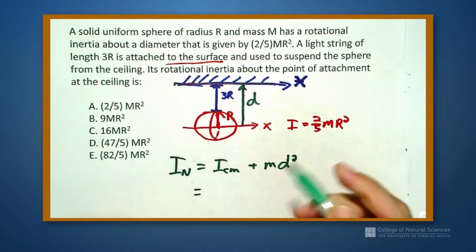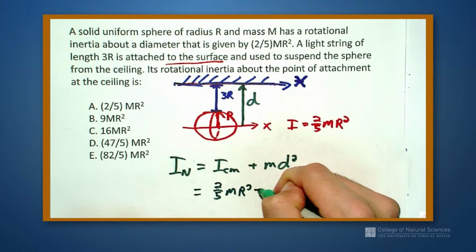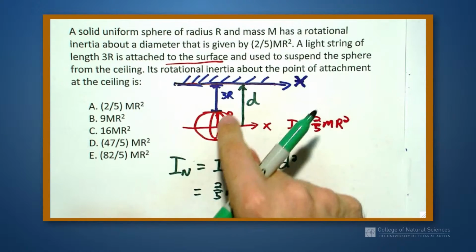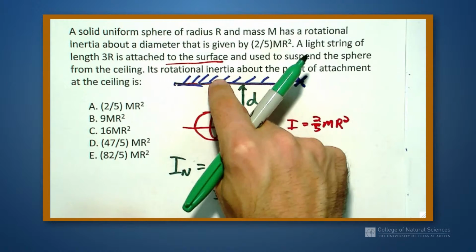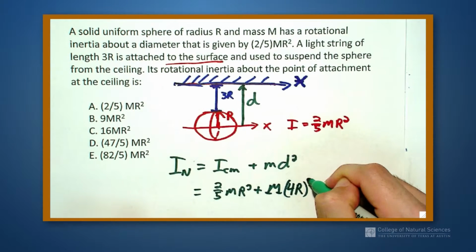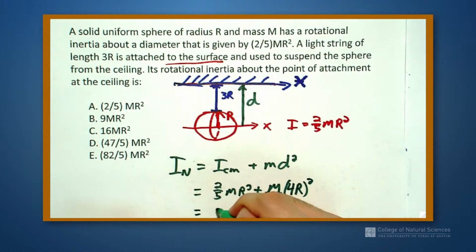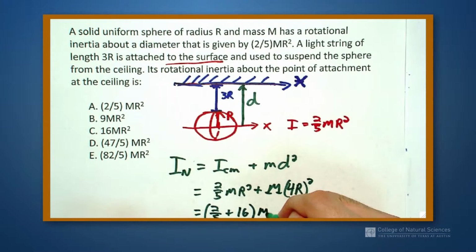So when I substitute in the values, I get 2/5 mr squared plus m, the mass of the object, times the distance it moves, the distance of 1r plus 3r, so 4r squared. So 2/5 plus 4 squared, 16, mr squared.